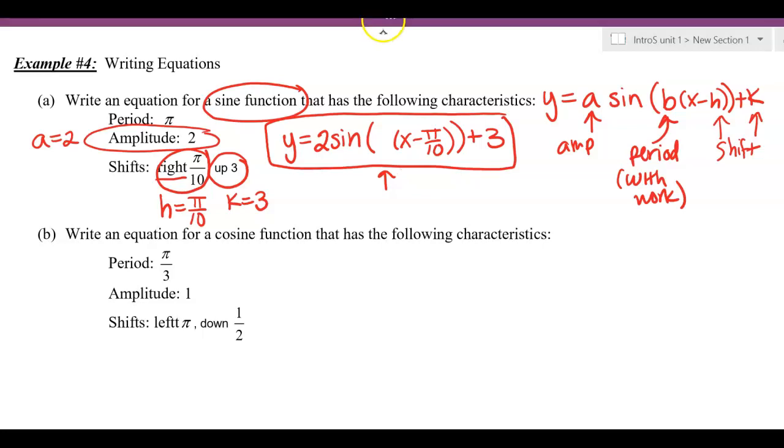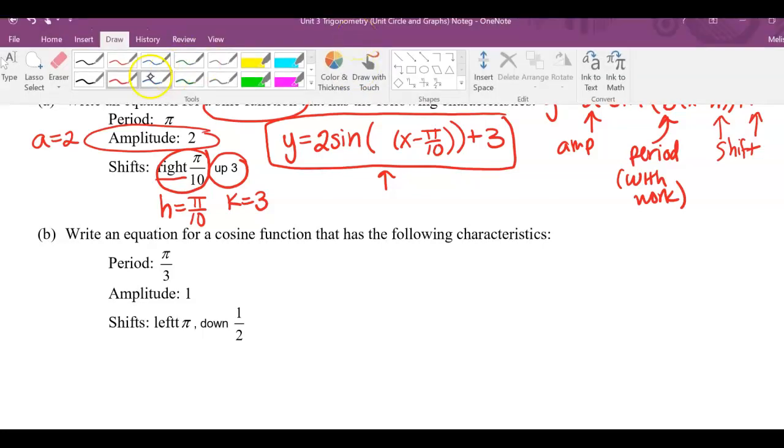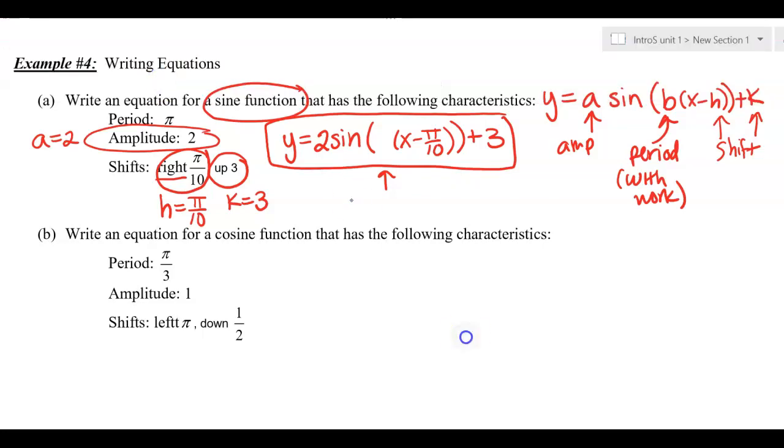You took 2 pi and multiplied it by the reciprocal of the B value in your equation. If our B value was 3, we used 1 over 3, and that gave us the new period. In this case, we know the new period is pi.